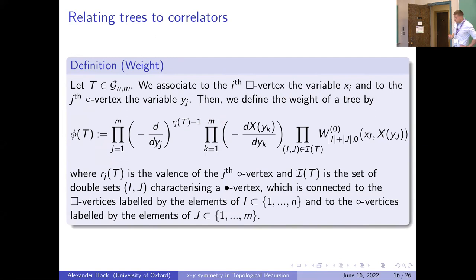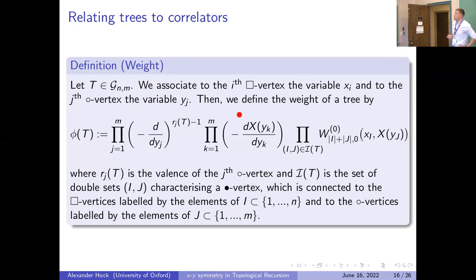So here we have the valence of the j-th round vertex, and you take the derivative of order r_j minus 1 with respect to y_j, the variable associated to the j-th round white vertex.